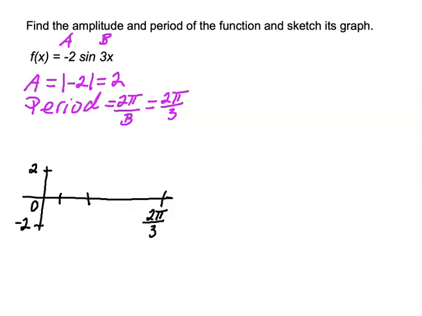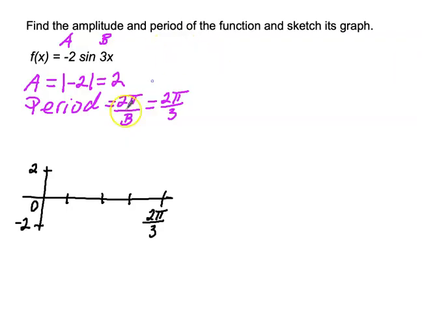Let me make them more spread out here. Somewhere here, here, here. So we want to know what those values are, because since the period now is not 2 pi, we can't write pi over 2 and pi and 3 pi over 2. Now those values are changing, and what we can do is find those values.